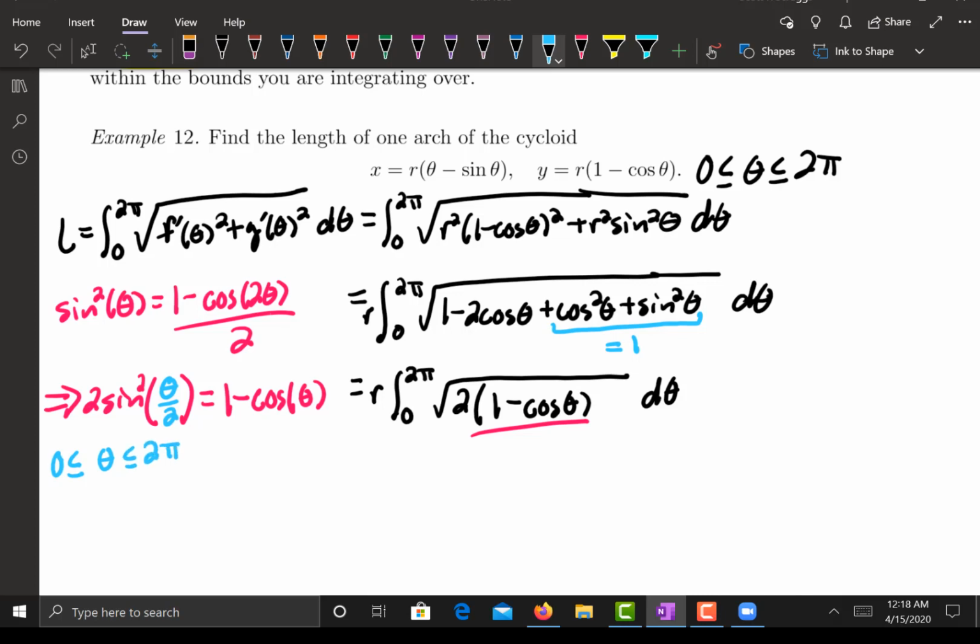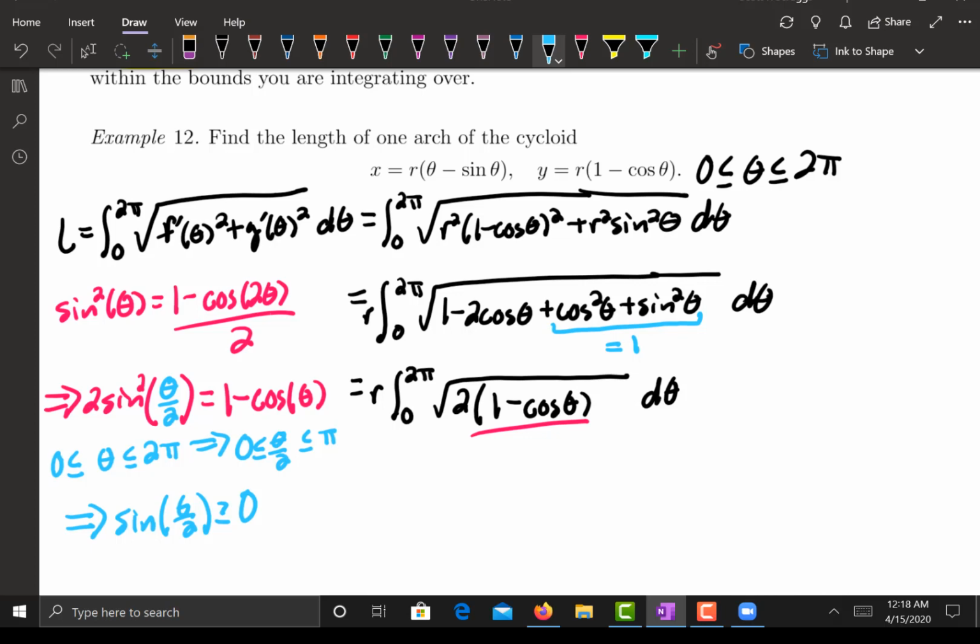If I know that my parameter is between 0 and 2 pi, well then divided by 2 means that theta over 2 is between 0 and pi, or the top half of my unit circle. And the reason why I want to emphasize that is that it guarantees that sine of theta over 2 is always non-negative.